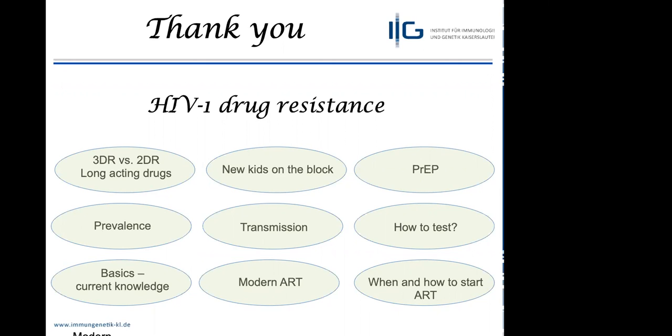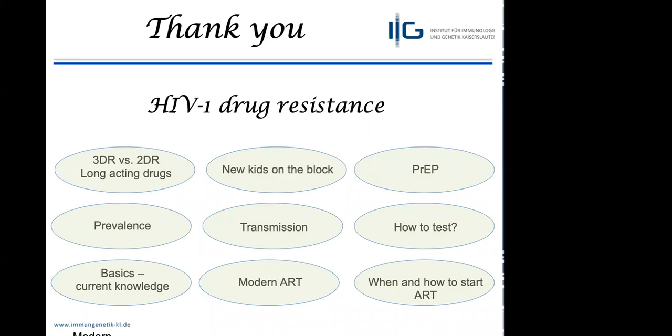Yes, I think this is really hard to get a grip on, failure without drug resistance, or the detection of drug resistance. We do have to talk about compartments. The CSF might be a compartment responsible, but there's also the lymph node.